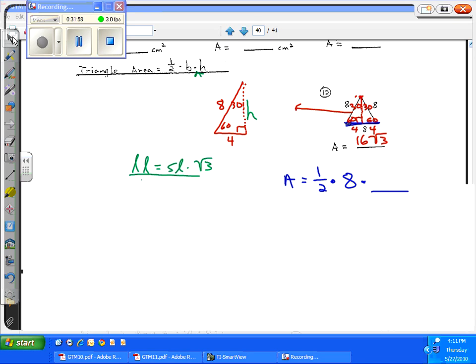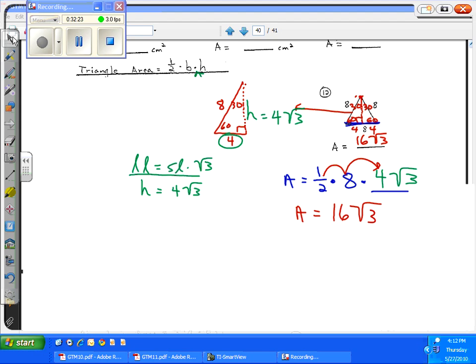The long leg is the height, so height equals short leg 4 times the square root of 3, so the height is 4 square root 3. So now we're going to multiply the numbers and multiply the names. Half of 8 is 4 times 4 is 16. There's the numbers, and the name square root 3 tags along.